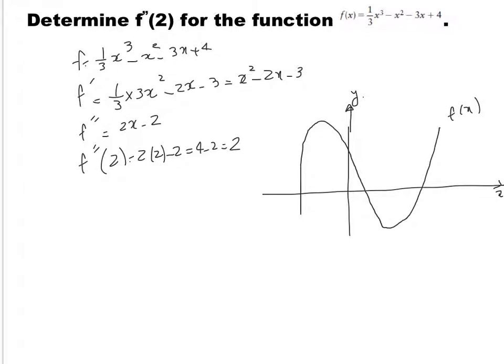First, let's look at different sections of the graph. The graph is maximum here at this point, minimum here. Remember that the first derivative is the rate of change or the slope of the graph.